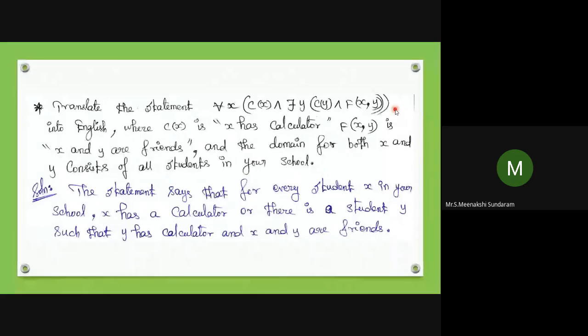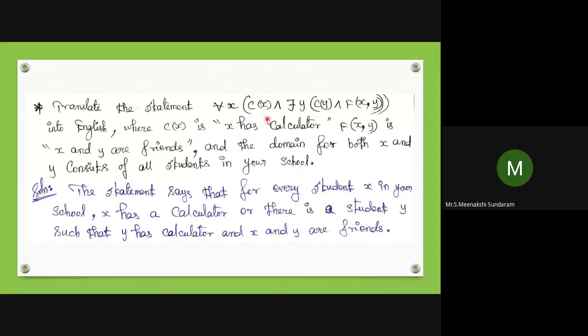From the statement, the first symbol is for every, or for all. Whatever you can write, for all, for every. So for every student x in your school, x has a calculator. C of x means x has a calculator.